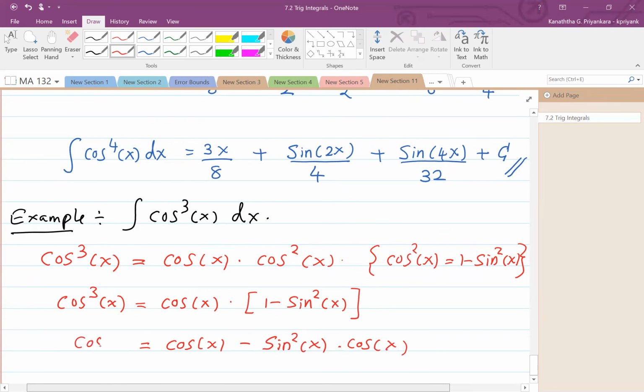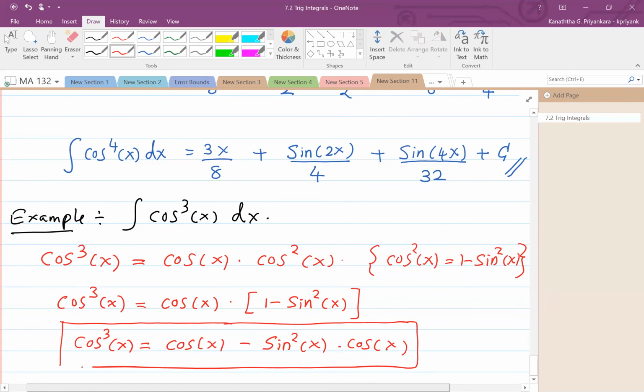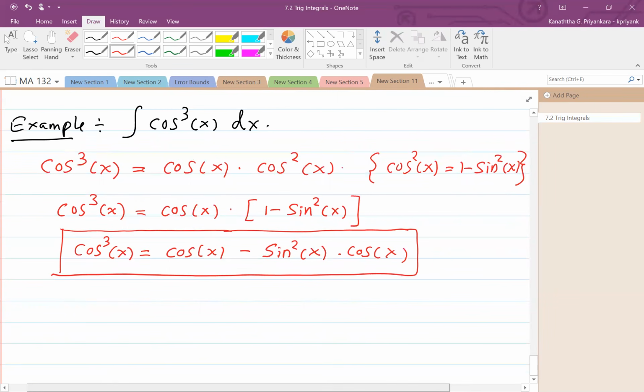That is an expression for cosine cubed x. Then we can substitute that into the given integral. So we can write the integral of cosine cubed x dx as the integral of cosine x minus sine squared x cosine x dx.